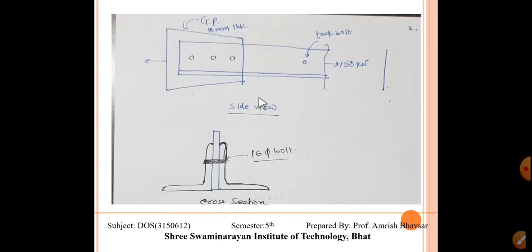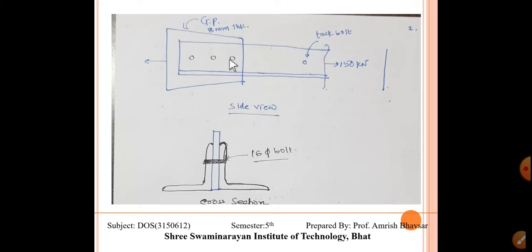Now, what we are going to do in this case: this is our member of a truss, and it is connected with an 8 mm thick gusset plate. The force resisted by this connection is 150 kilonewton, and we have to find out the number of bolts required for this connection.